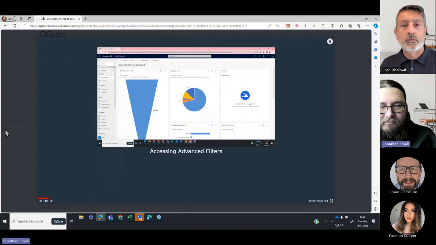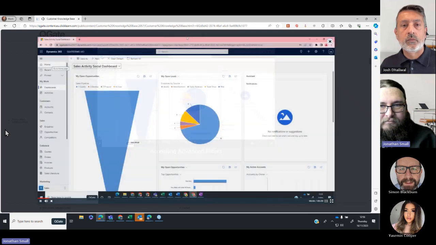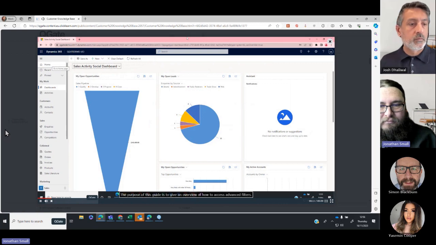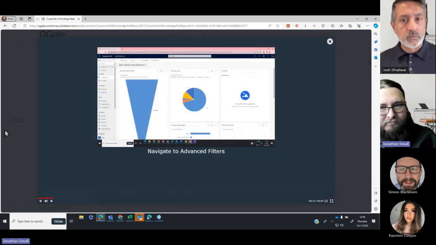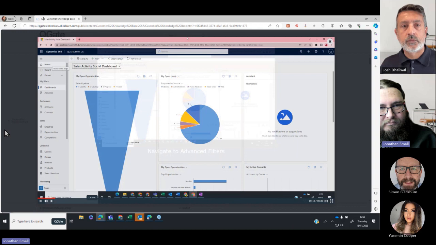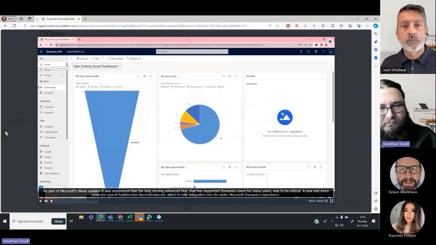Accessing advanced filters. The purpose of this guide is to give an overview of how to access advanced filters. Navigate to advanced filters. As part of Microsoft's Wave updates, it was announced that the long-serving Advanced Find, that has supported Dynamics users for many years, was to be retired.